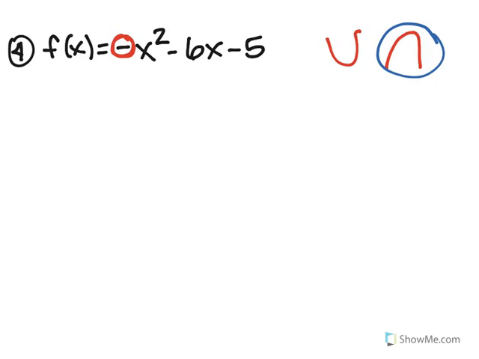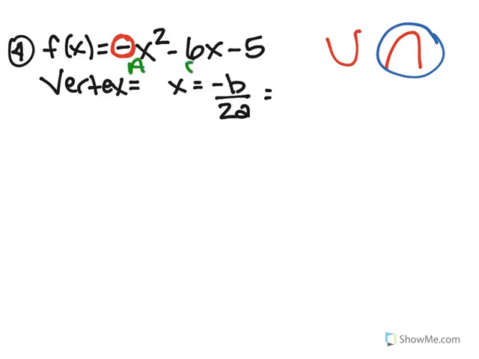We're going to find that vertex, and we're going to use for the x, minus b over 2a. Keeping in mind this is in quadratic form.